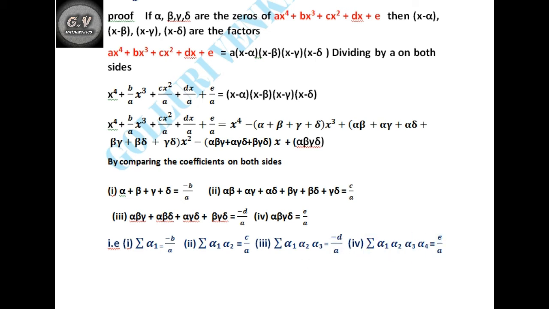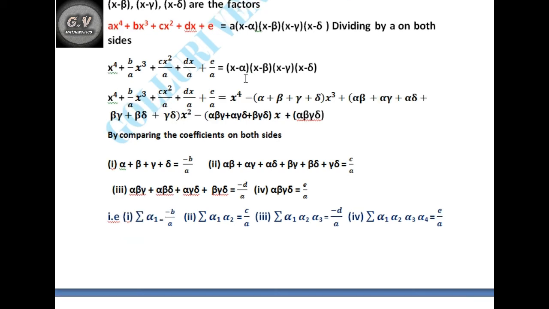Here these are the relations between zeros and coefficients of the linear polynomial. In the second case, quadratic polynomial. In the third case, we already derived it for the cubic polynomial. Finally, these are the relations between the roots, zeros and coefficients of the fourth degree polynomial.